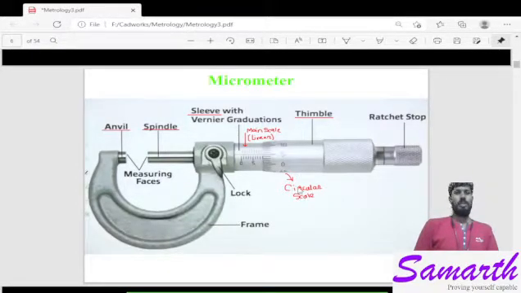It is also called a circular scale. The main scale is linear. This question is generally asked in examinations if you are preparing for GATE and PSU. The circular scale is nothing but the scale on the thimble, whereas the linear scale means the main scale.